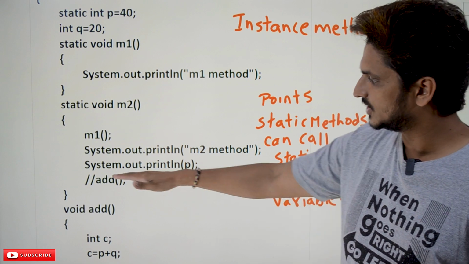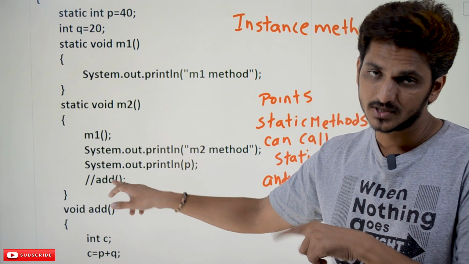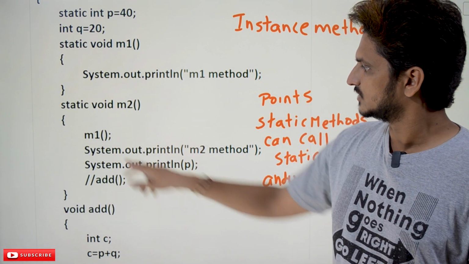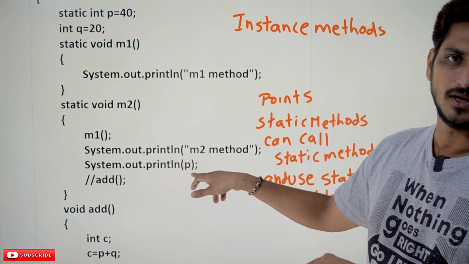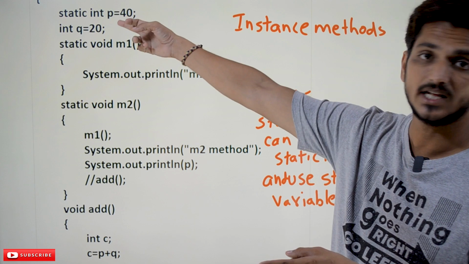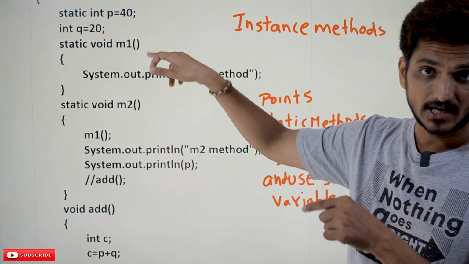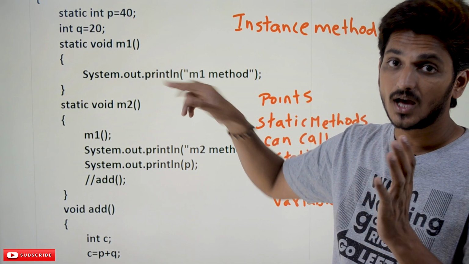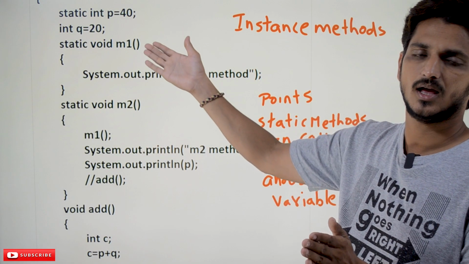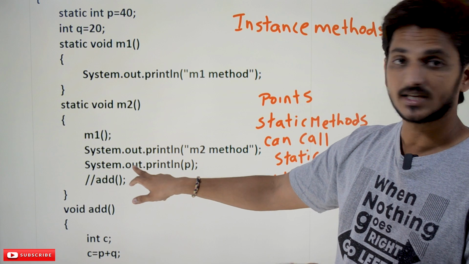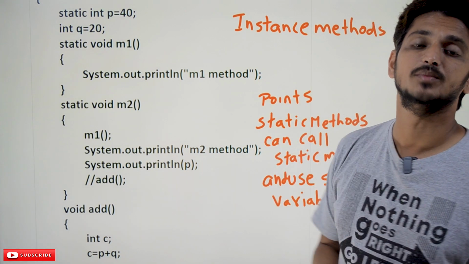During compilation, it checks whether you called an instance method or a static method. So System.out.println of p: static methods can use static variables because static variables are allocated space whenever the class is loaded, so we can use it. But static methods cannot use instance variables.